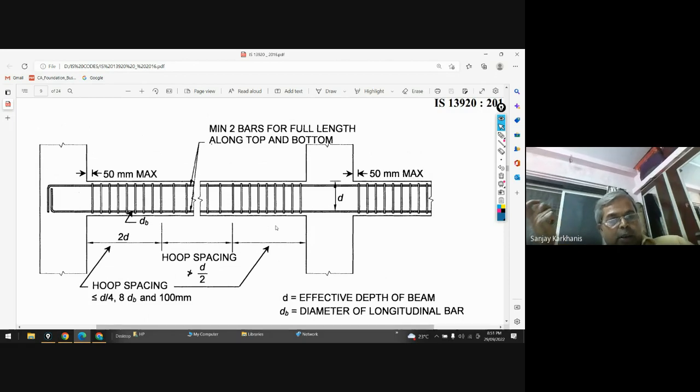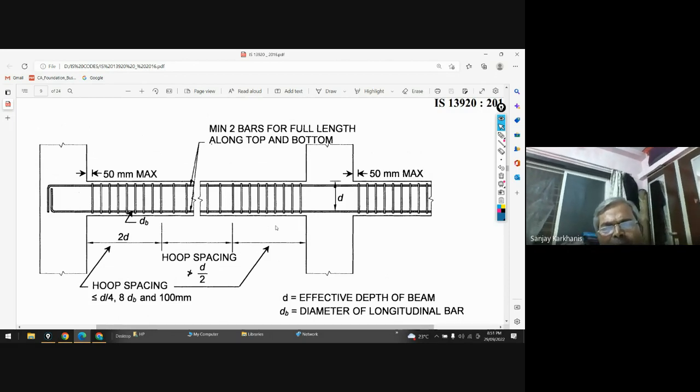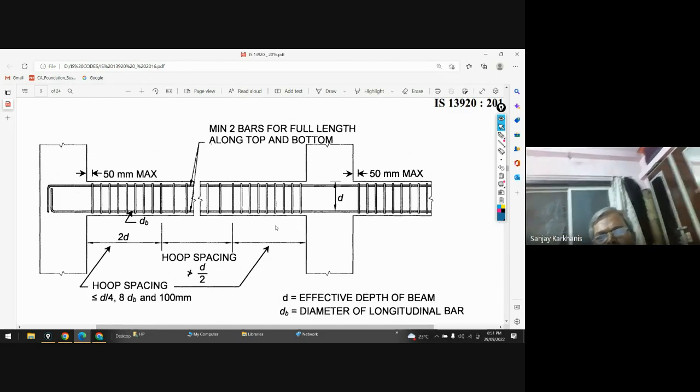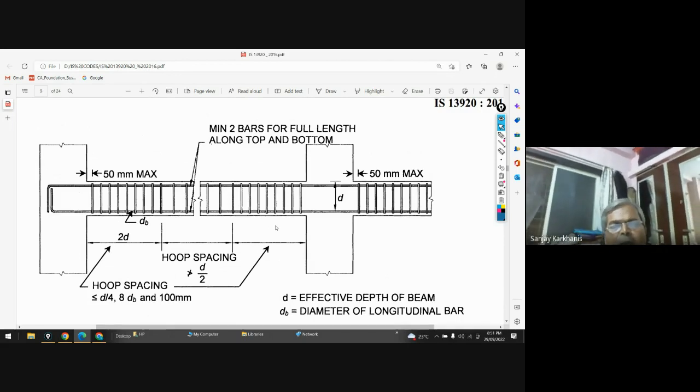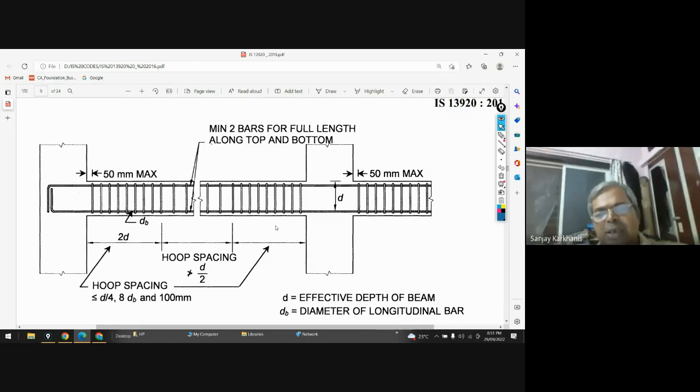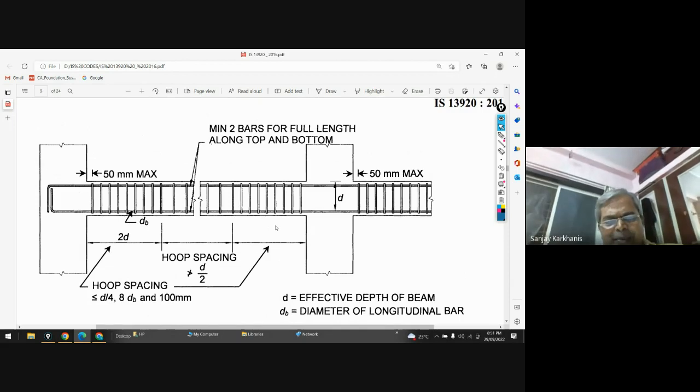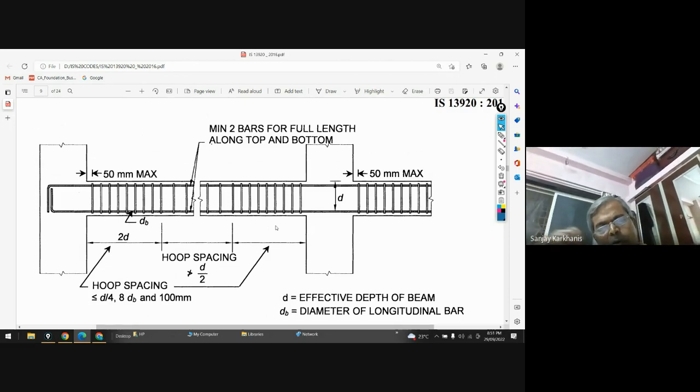So let's say if I am providing a beam size of 300 by 600, that means my effective depth will be something around 550, 50 mm less. Roughly, I am calculating. You may calculate with the bar diameter, then clear spacing, etc. But let's say something around 550. So effective depth I am having 550.